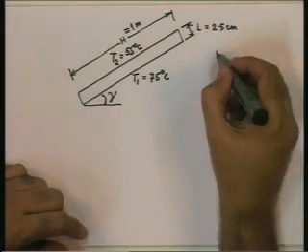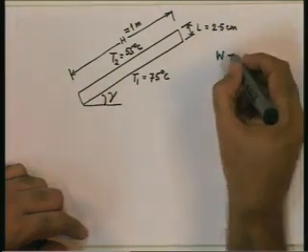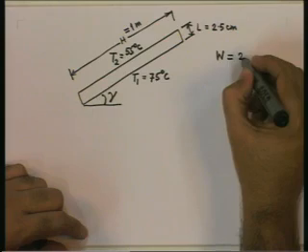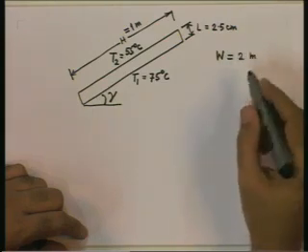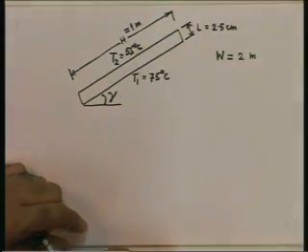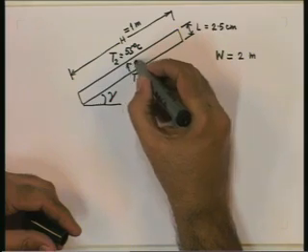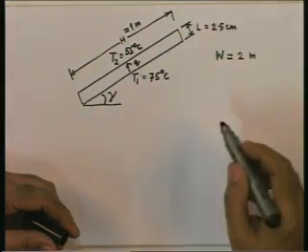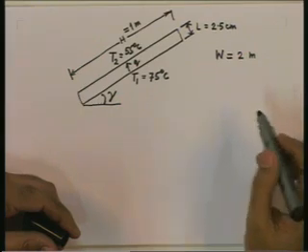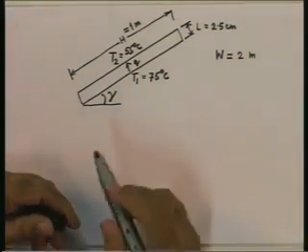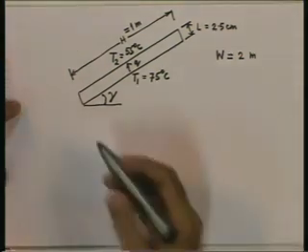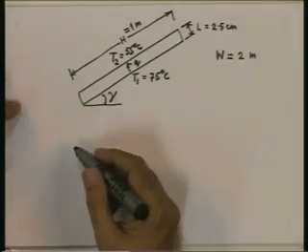The width of the collector, say perpendicular to the plane of the picture, is 2 meters. So, the collector area will be 1 meter by 2 meters, 2 square meters. And we would like to determine what is the heat loss from the hot surface to the cold surface Q for different values of gamma. Let us try to cover as much of the range from 0 degrees to 90 degrees as possible.